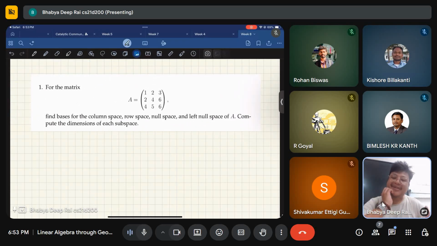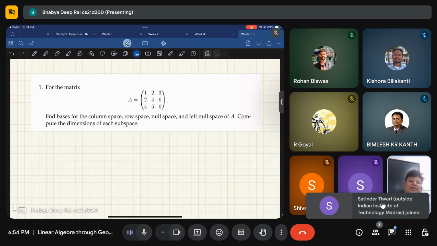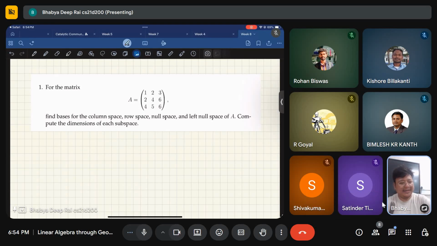The question says, for the matrix given here, A, which is 1, 2, 4, 2, 4, 5, 3, 6, 6, find the basis for the column space, row space, null space, and left null space of A, and compute the dimensions of each subspace. So let's begin directly. A equals 1, 2, 3, 2, 4, 6, 4, 5, 6.